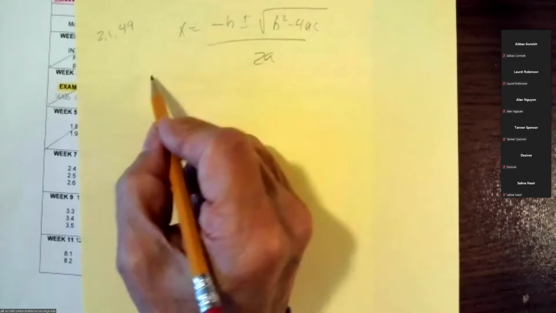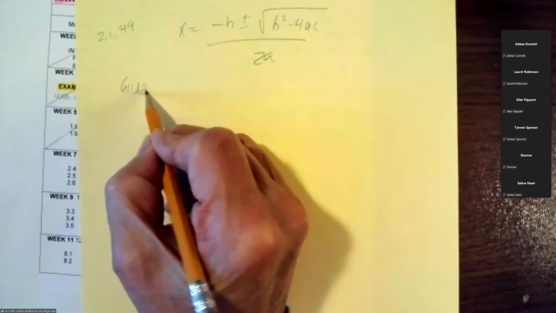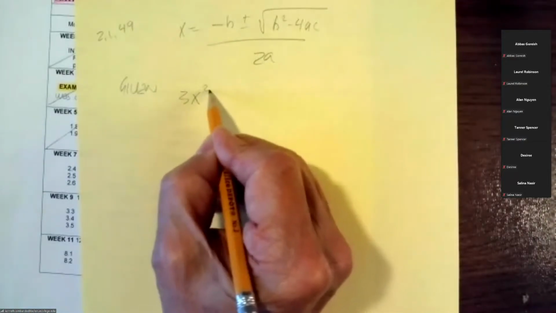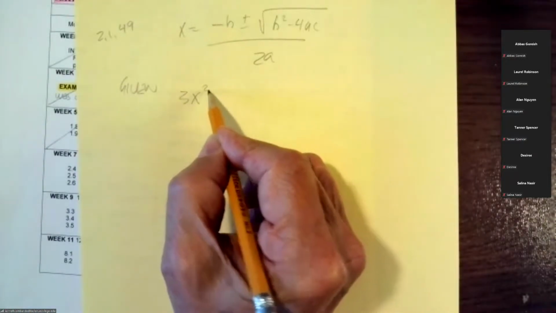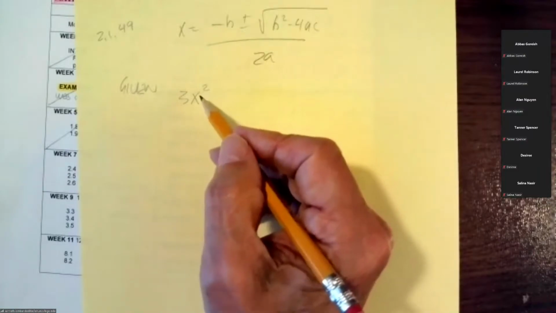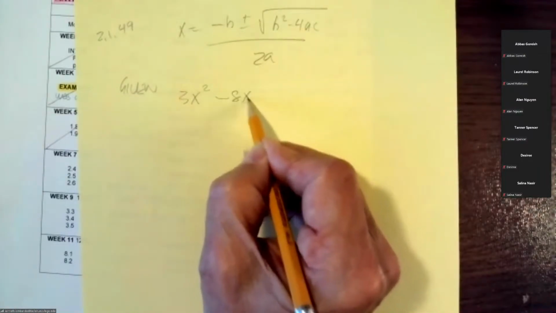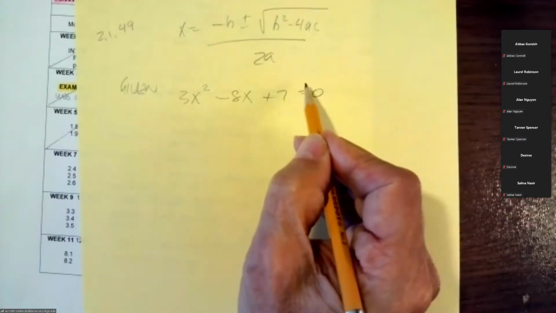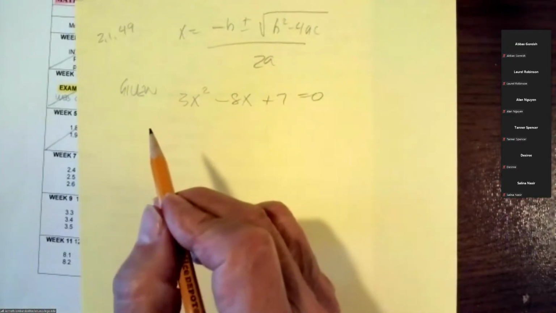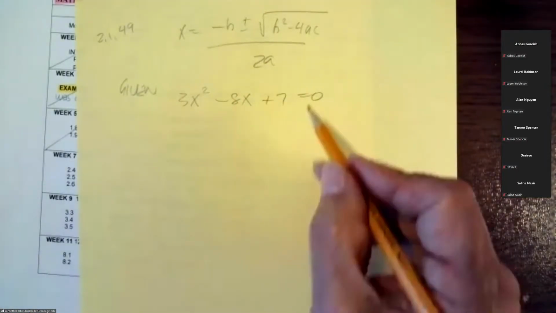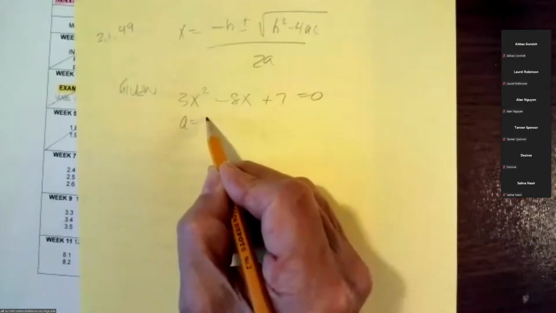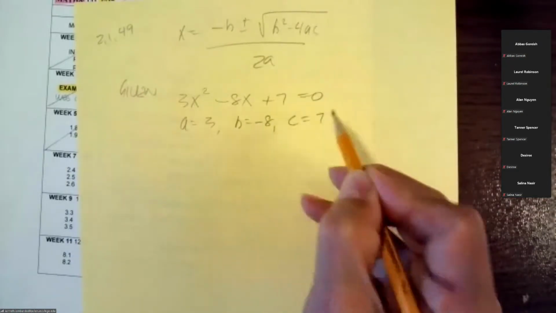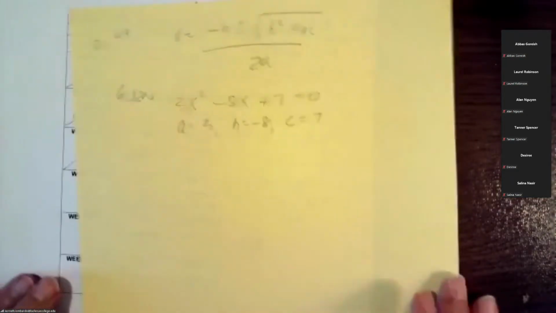And we are given 3x squared, and I'm going to bring everything over to the left side, minus 8x plus 7, and we'll set that equal to 0. That makes sense? Yeah. a equals 3, b equals negative 8, c equals 7.